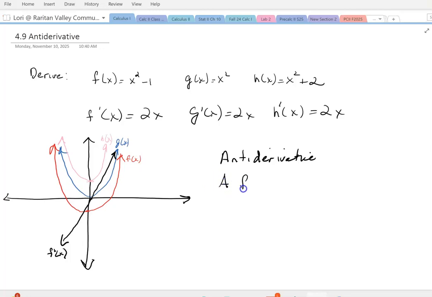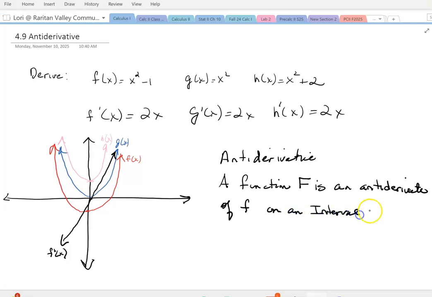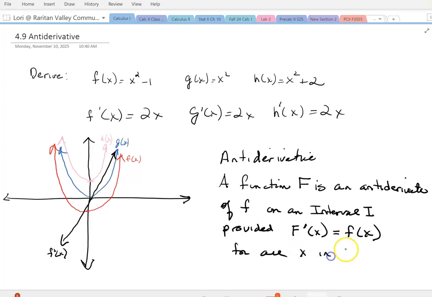Antiderivative is defined as a function, we call it capital F, is an antiderivative of f on an interval I, provided the derivative of F equals our f of x for all x in I.